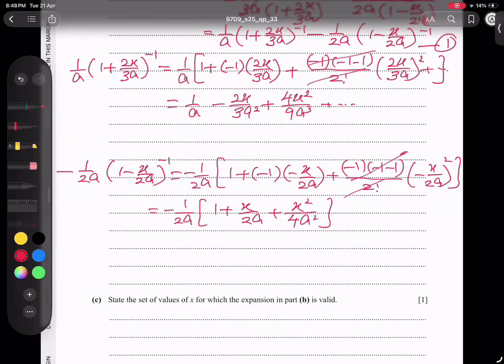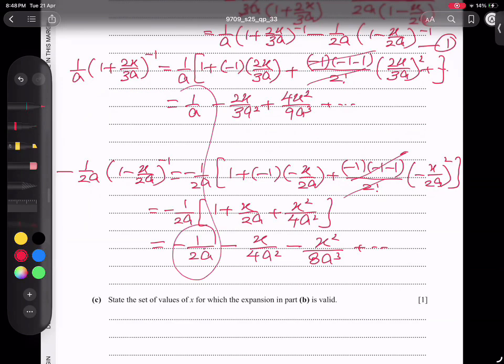And then I'm multiplying this, negative 1 over 2a, negative x over 4a square, and negative x square over 4 2s are 8a cube. Now, students, what to do after that? Just adding. When you add, I get the answer directly.